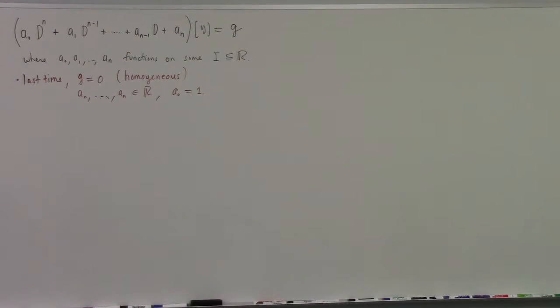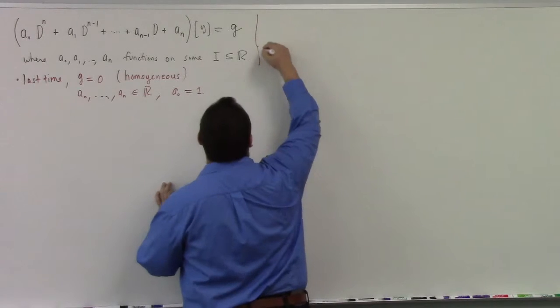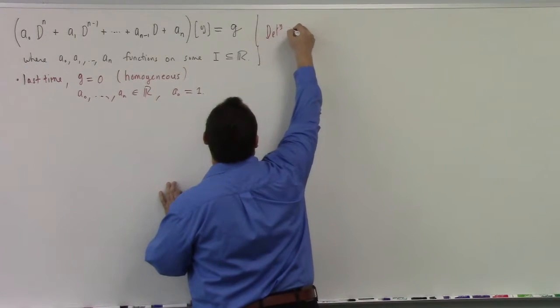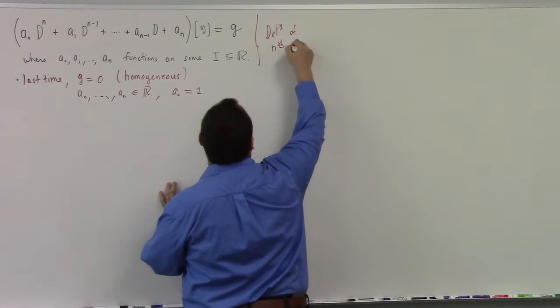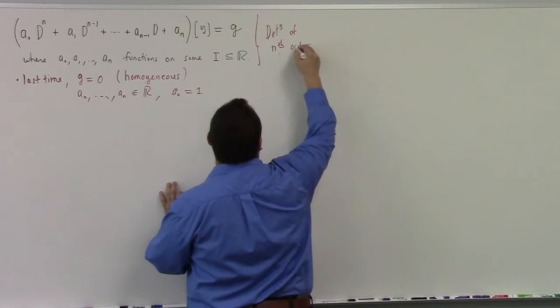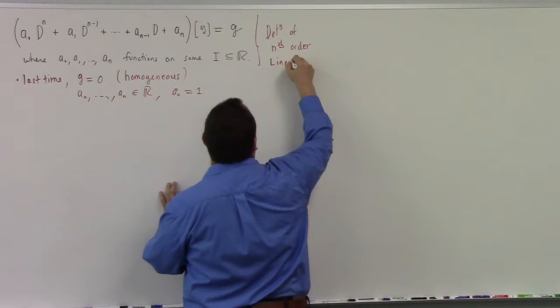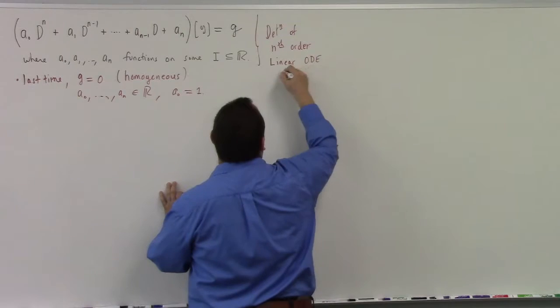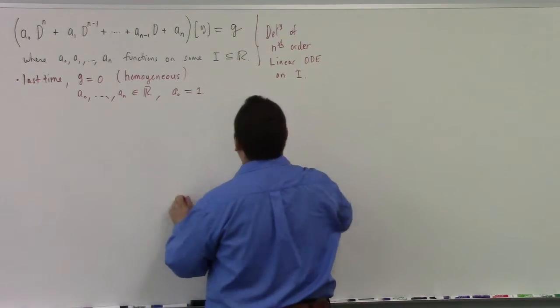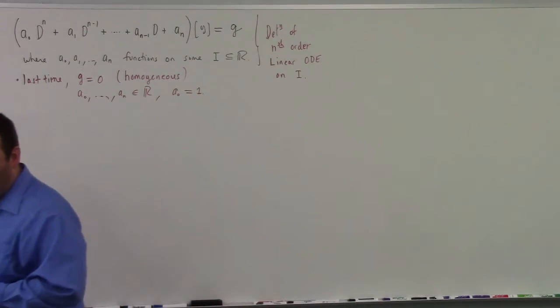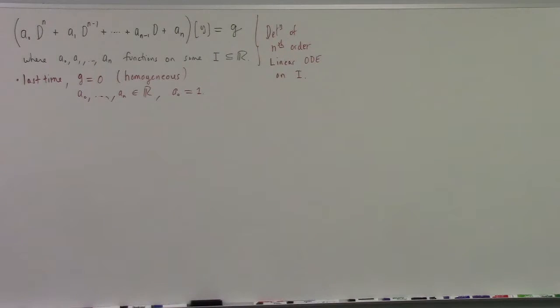So what I've written at the top is basically the definition of an nth order linear ODE on the interval I. And I just want to communicate to you guys what the theory is for this problem.